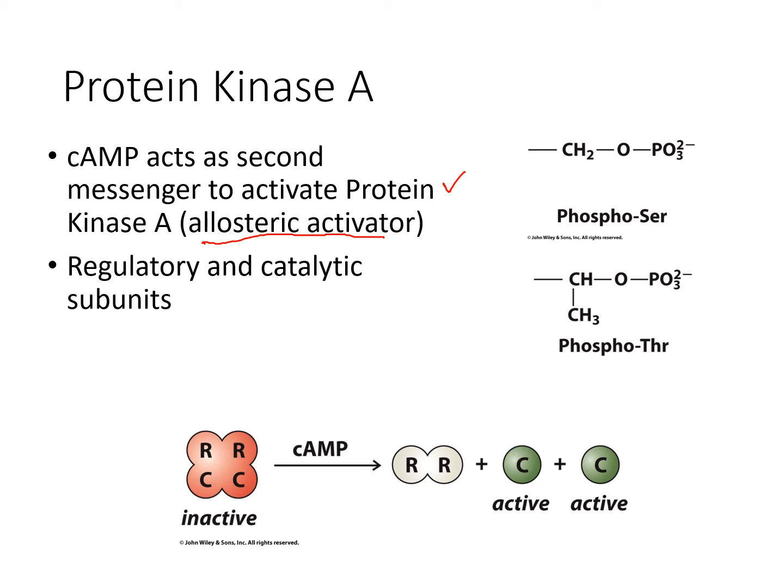Protein kinase A has regulatory and catalytic subunits, which means that if cAMP binds to the regulatory subunit, it will cause the dissociation of the regulatory subunits from the catalytic subunits, and this causes the activation of the catalytic subunits.